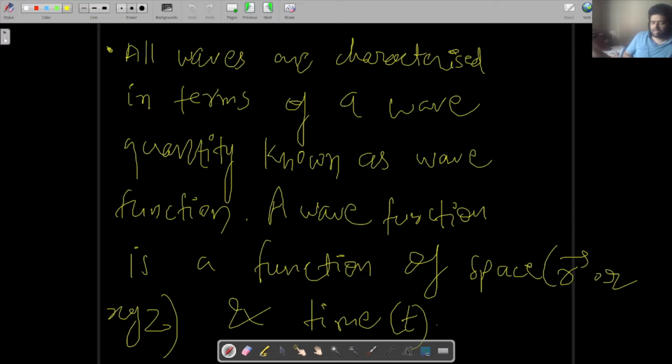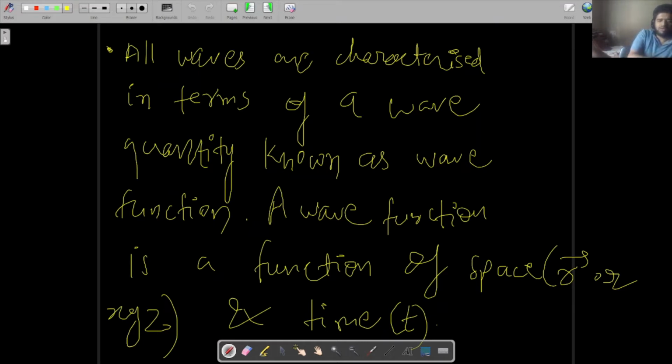So no matter whether the wave is a matter wave, an abstract wave, or a sound wave, a real wave, there is always going to be a wave function associated with that wave. Okay, so wave function is a function of space and time.